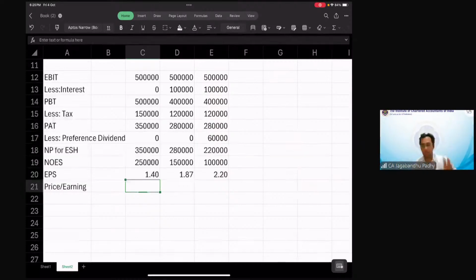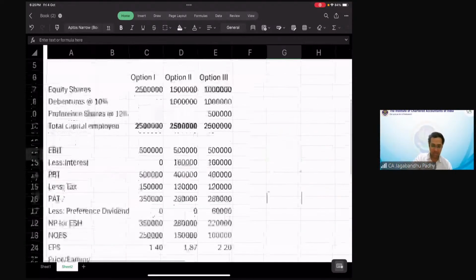Right? If one company is having a price to earning ratio of 10, another company is having a price to earning ratio of, let's say, 15, then 15 is having greater confidence. So for 1 rupee earning, people are ready to pay 15 for that company because they have more confidence in that company as compared to the first one.